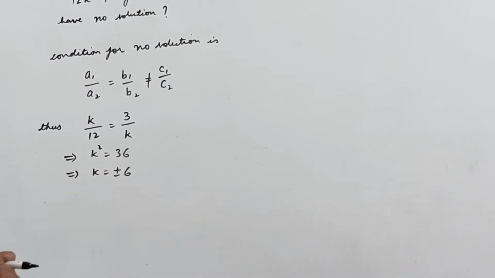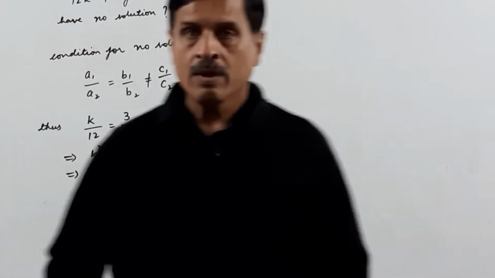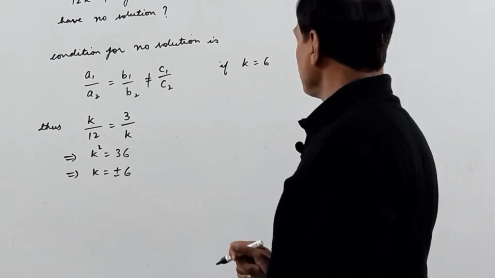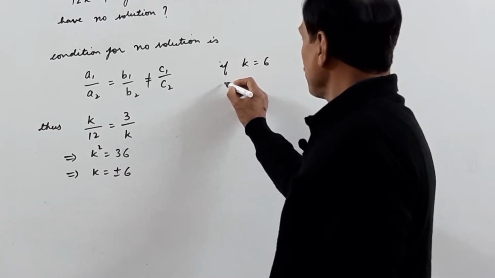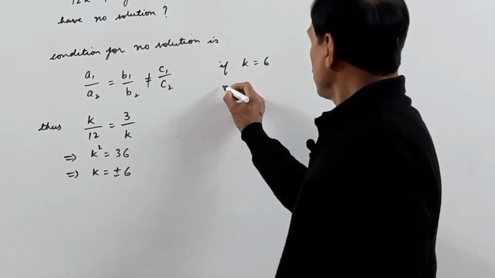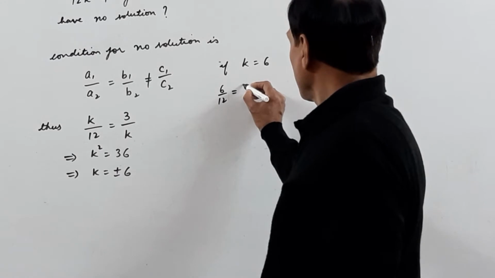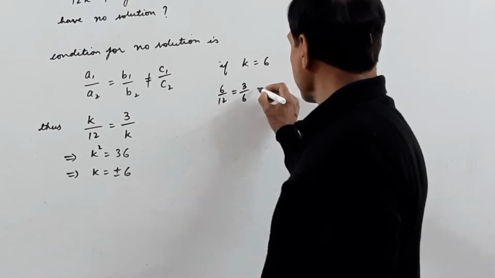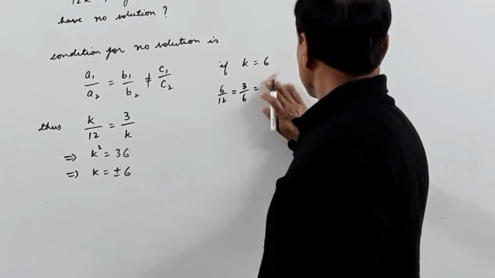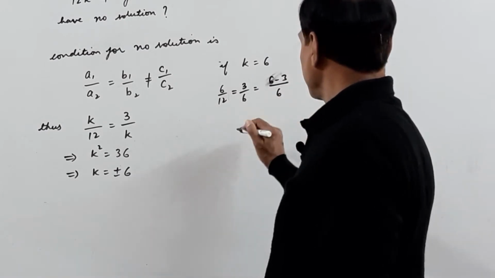Now we have to verify. If k is equal to 6, then putting the values of k, 6 upon 12 is equal to 3 upon 6 is equal to (6 - 3) upon 6.